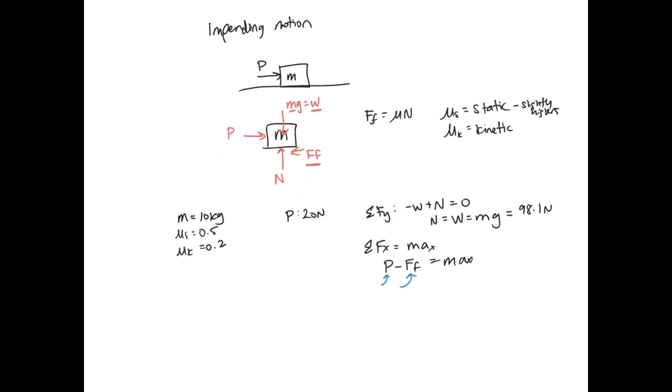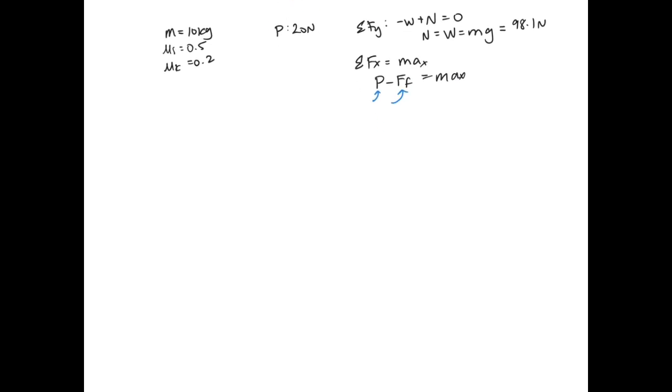I'm just going to move the screen up. So we start off by saying ma_x is equal to 0, which is equal to P minus force of friction.